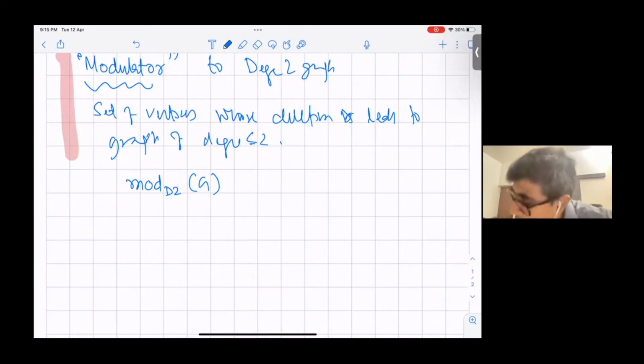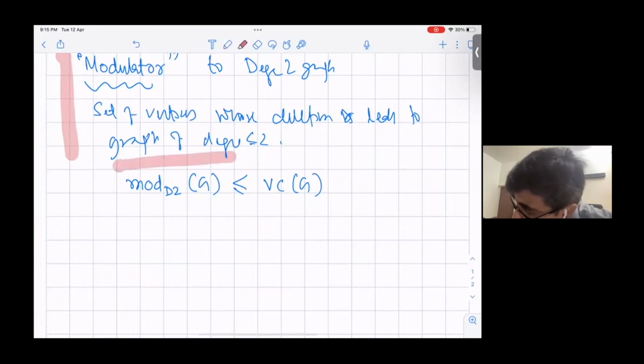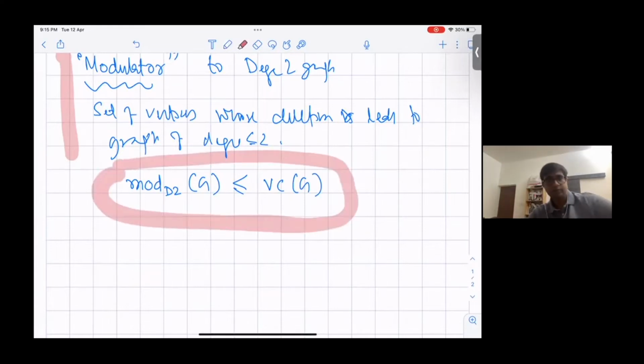Now, what we know about this is that mod-deg-2 of G is less than or equal to the vertex cover of G. Is this statement okay? Is this fine with everybody? Yes. Okay.